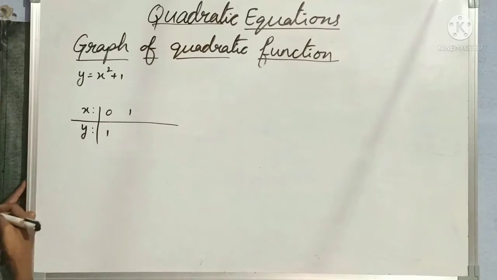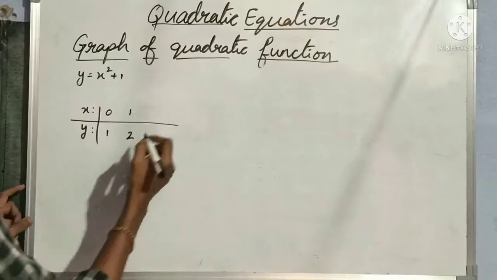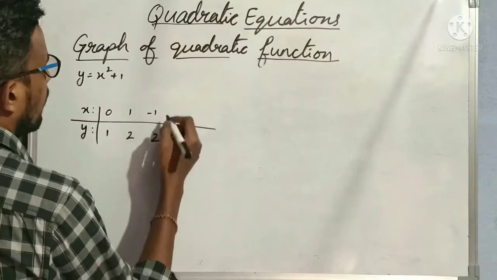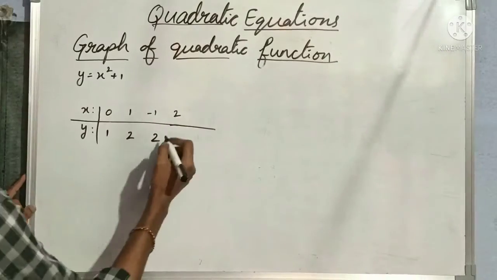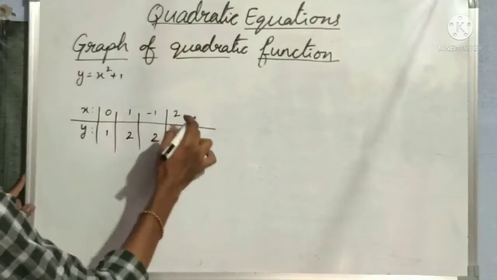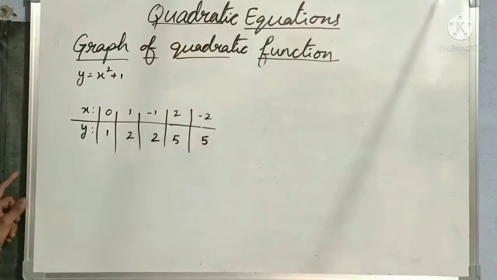X coordinate is 1, then y coordinate is 2. X coordinate is minus 1, then y coordinate is also 2. When x coordinate is 2, y coordinate is 5. Right? Why? Because 2 square 4 plus 1 is 5. When x coordinate is minus 2, then also our y coordinate is 5.